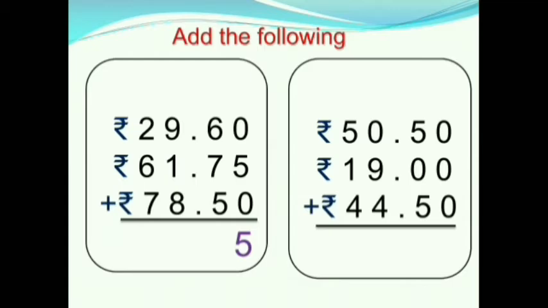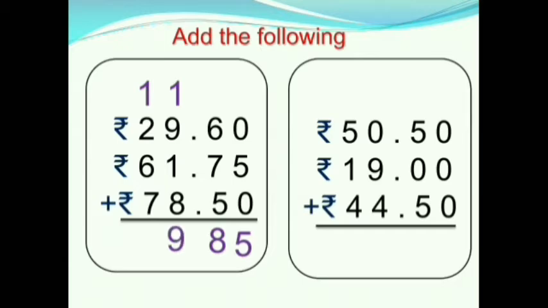Write 1 above the 9 and write 8 below the 5. Next we should add 1, 9, 1, 8. 1 plus 9, 10. 10 plus 1, 11. 11 plus 8, 19. Write 1 above the 2 and write 9 below the 8.